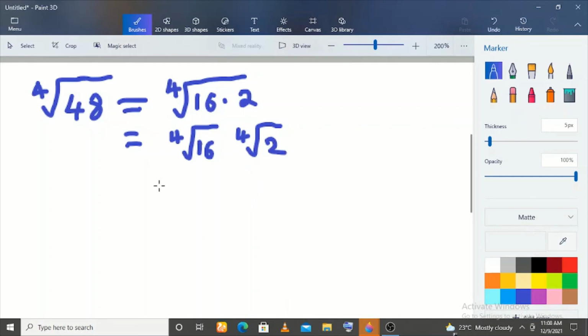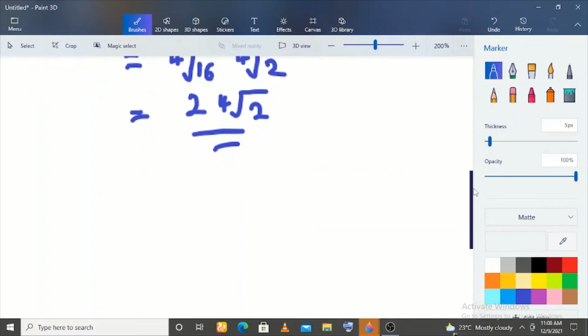So now you have split it. Now here we can actually find a number that you can multiply 4 times to give you 16, and that number is 2. But here we cannot find a number that you can multiply 4 times to give you 2. So you just leave it like this. Basically, they'll just ask you to put a radical in simple form. So we have simplified like that.